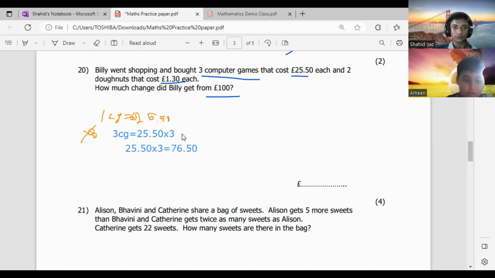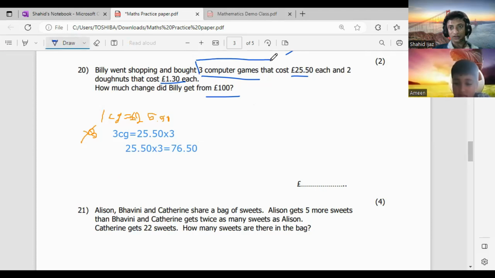And then one donut equals £1.30. Where's the pound sign?